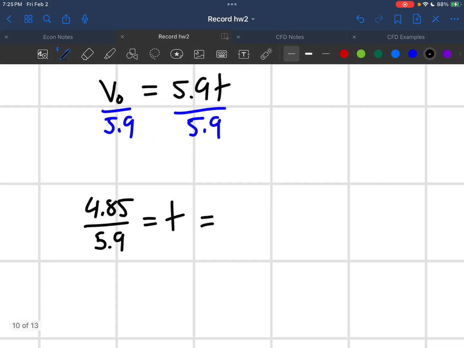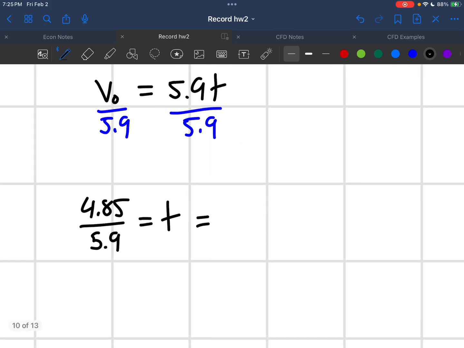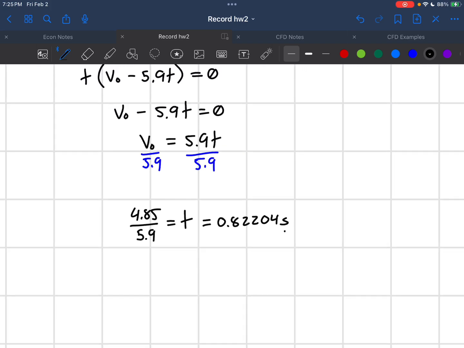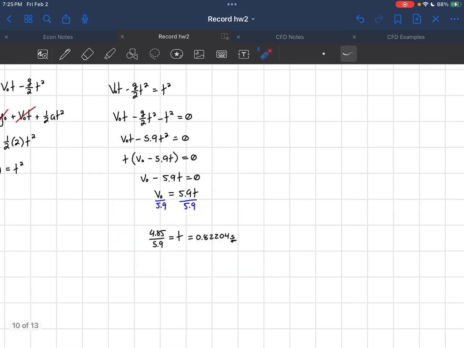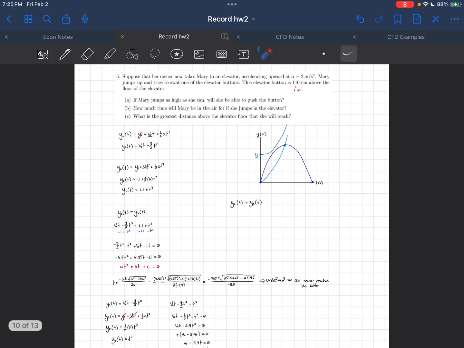So if I punch that into a calculator, I'm going to get 0.82204. We'll just round it there. 0.8204 seconds. All right. Units, very important. So that's the time that Mary is in the air before she lands again on the elevator floor.